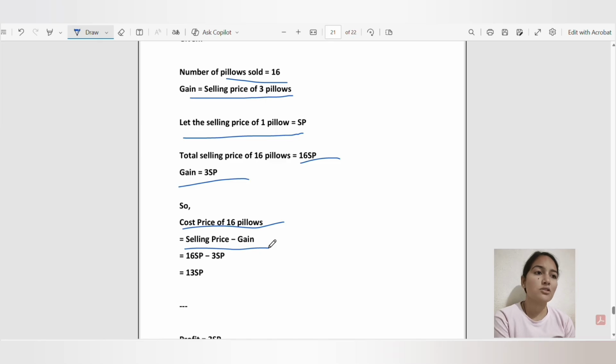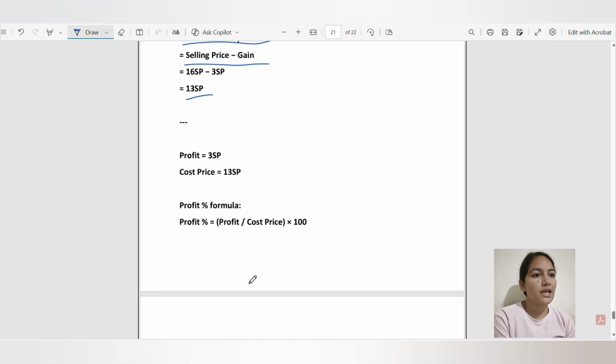If we subtract our gain from our selling price, that will be our cost price. So 16 SP minus 3 SP is 13 SP. So profit is 3 SP and cost price is 13 SP.